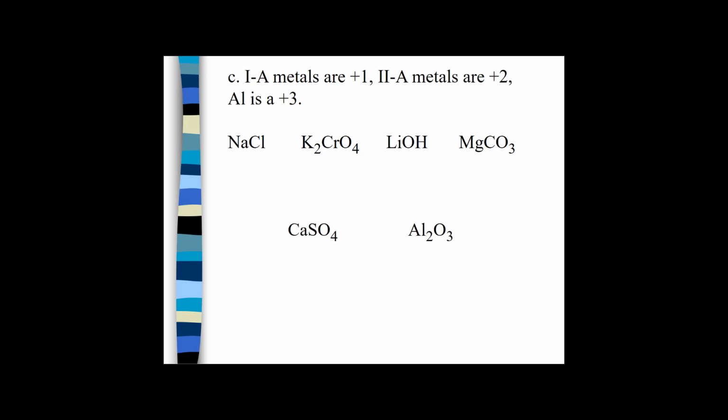And this is a rule that you should already know. So the first group, the alkali metals, the 1A metals, they are always a +1. Also, your 2A metals, they are always a +2, so you can depend on them. You also should know about aluminum. Aluminum is used commonly in the lab, and so you should know that an aluminum compound has a +3 charge.